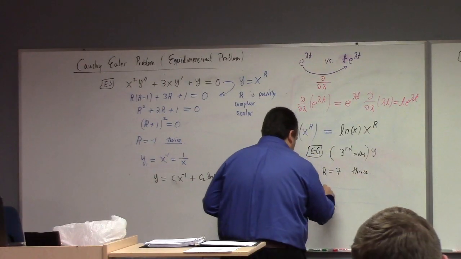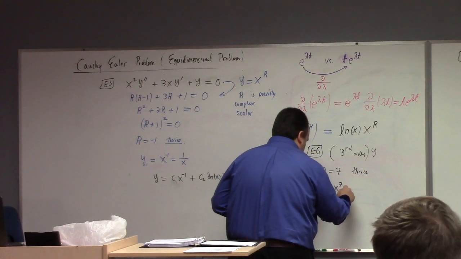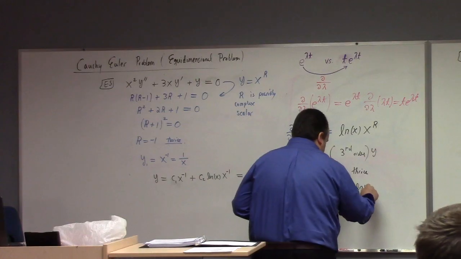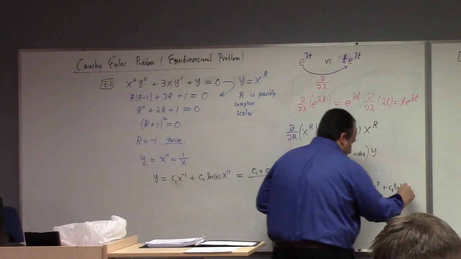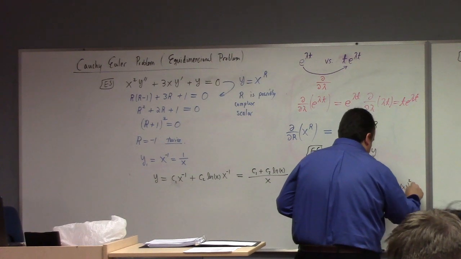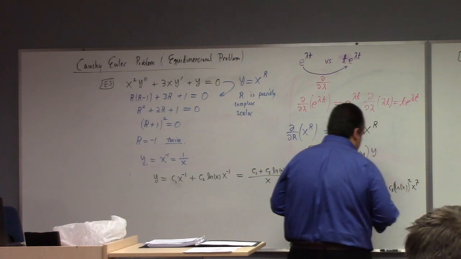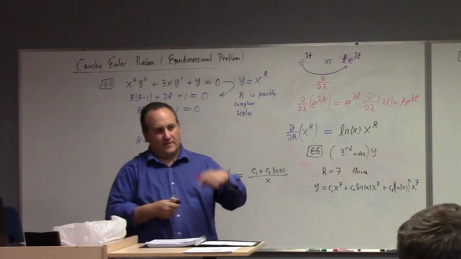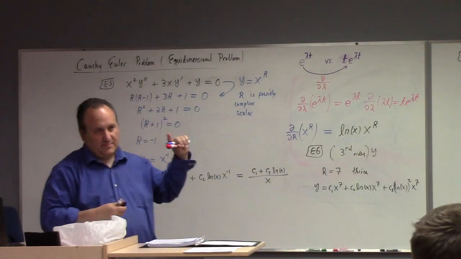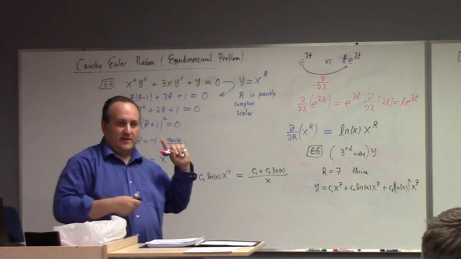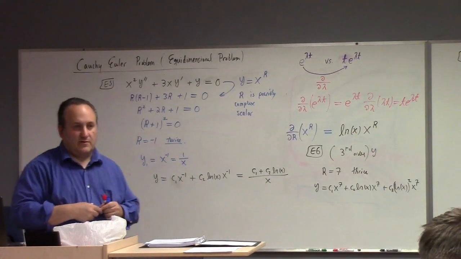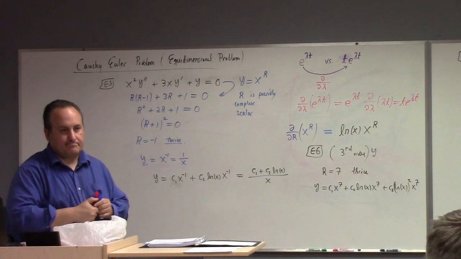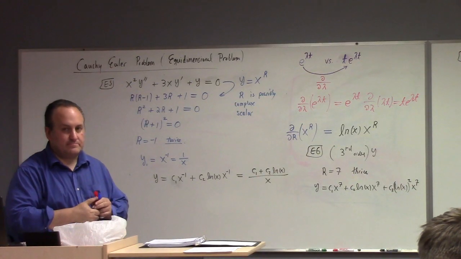Then the solution would be c1 x to the 7th plus c2 log of x times x to the 7th plus c3 log of x squared times x to the 7th. That's how that goes. Just like in the constant coefficient case, you multiply by t each time. If you had a three-peat, you multiply by t, then you multiply by t squared in order to create the solution set. So that's how this works here.